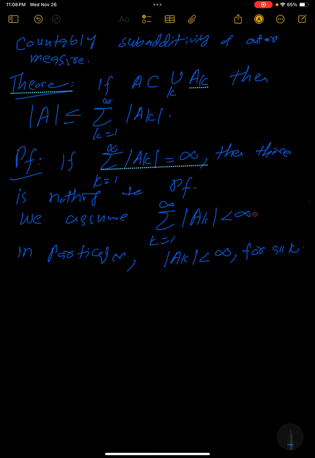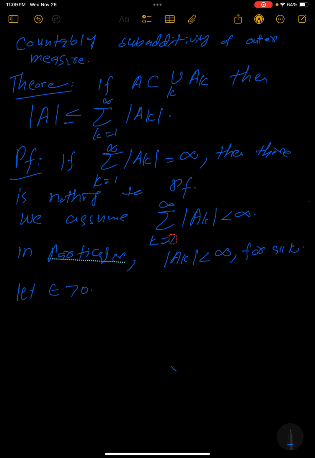now what we are going to do, since we have A1, A2, A3, A4, for each set we will have a cover. So let epsilon be greater than 0. Why, you will see in a while.